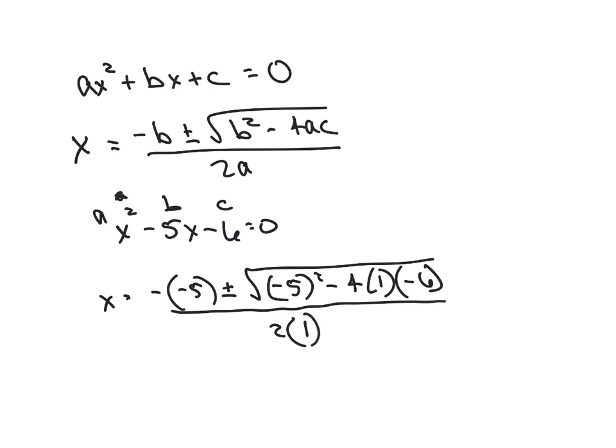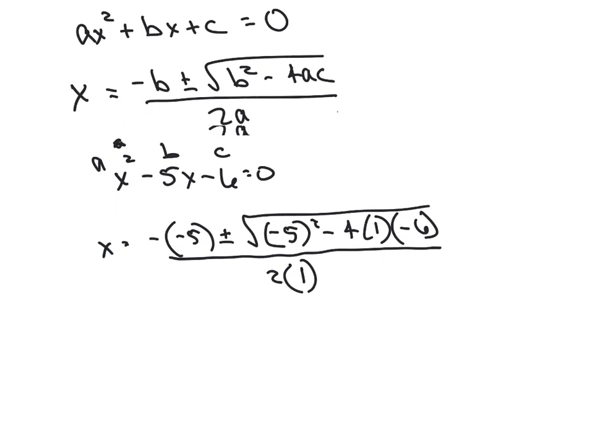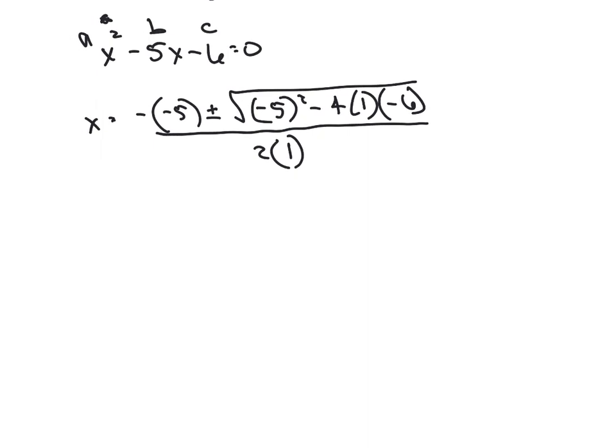Okay, so once we get it that way, we don't really have any variables. We just continue solving. So what we're going to do here is we first of all work on what's in the radical sign. So we're going to kind of ignore everything else and do what's in the radical sign. So in here we've got negative 5 times negative 5 is 25.